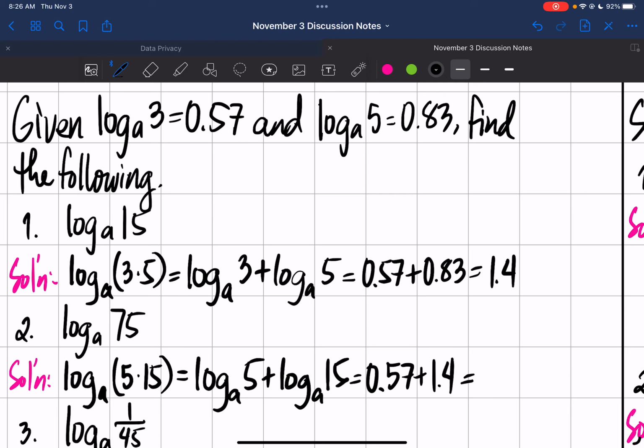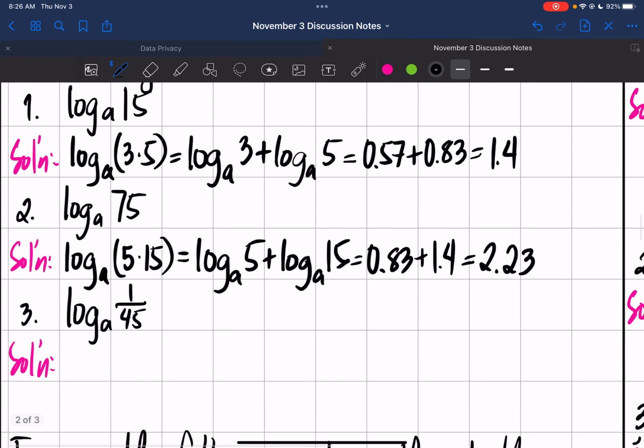So, this one class is, ay joke, hindi pala 0.57 yung log of 5. It's 0.83. So, 0.83 plus 1.4, this is 2.23. So, yan yung value ng log of 75 base a.